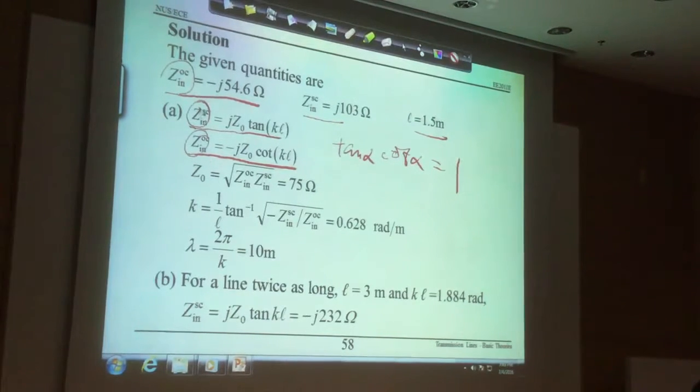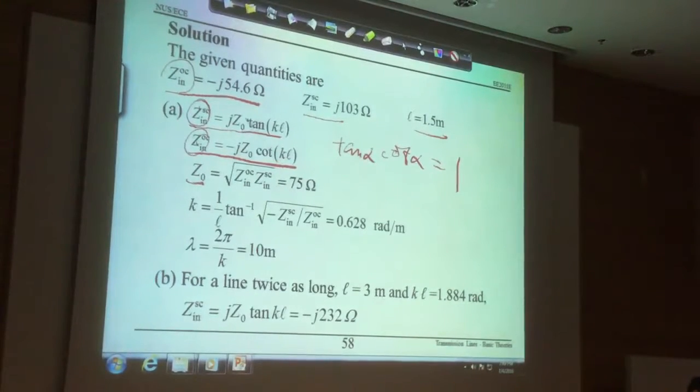So then this times this is equal to Z naught square, right? Okay, so Z naught is equal to the square root. So then just set this and this into this equation. Turns out Z naught is 75 ohm, right? Okay, this is not difficult.